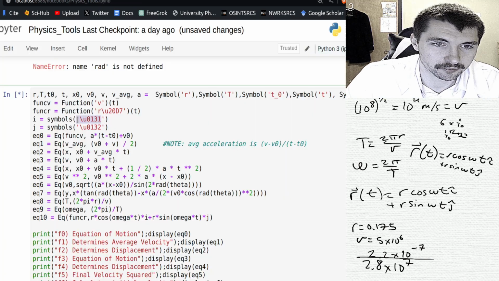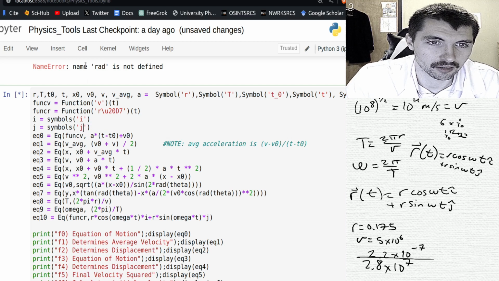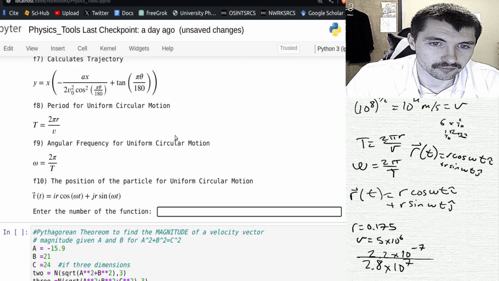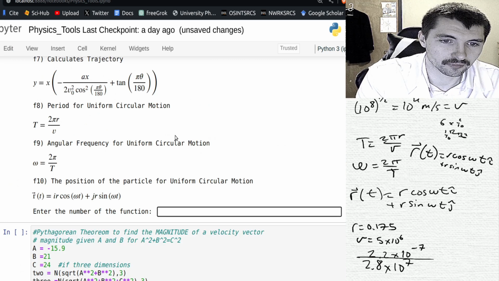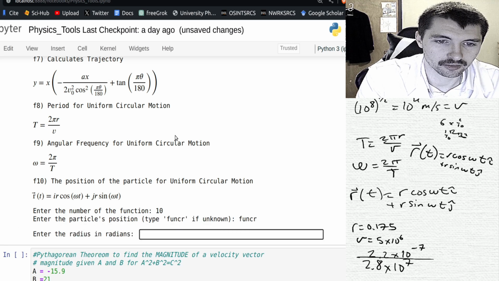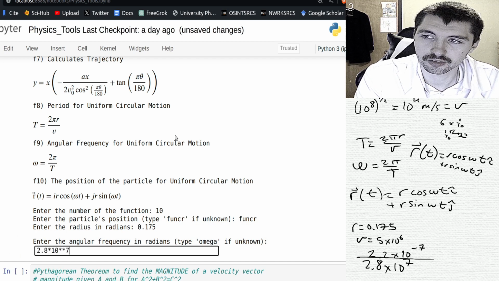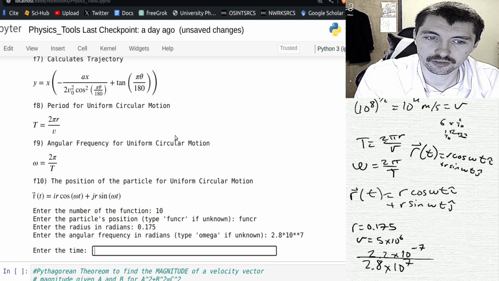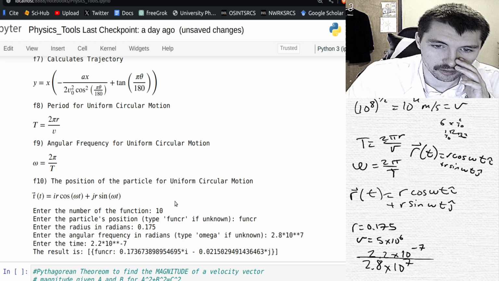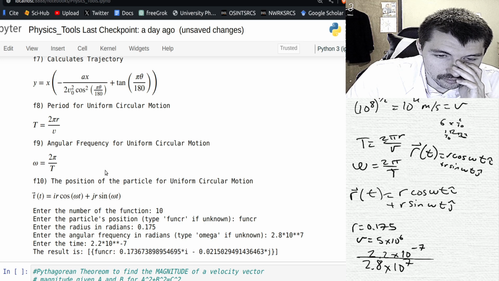Okay, so ignore how it's so. The radius is 0.175, frequency is that, time is 2.2 times 10 to the negative 7. So you're getting 1.5.